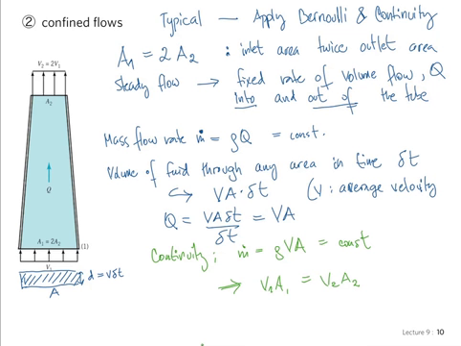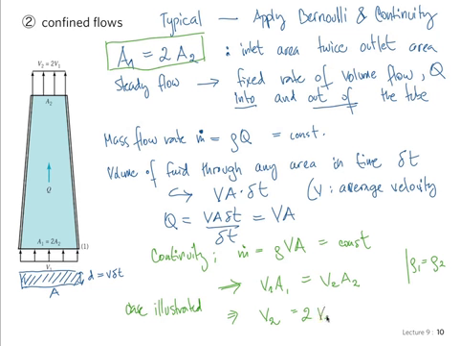So we are going to use, of course this is assuming incompressible, right? So rho 1 is equal to rho 2. In the case illustrated, of course, we have the ratios between the areas, and so we would apply this relation that was given in this example, and we get V2, the velocity here, has to be equal to twice the velocity at the opening.